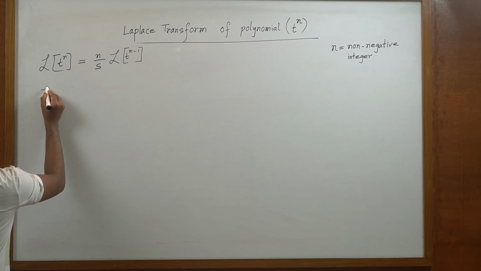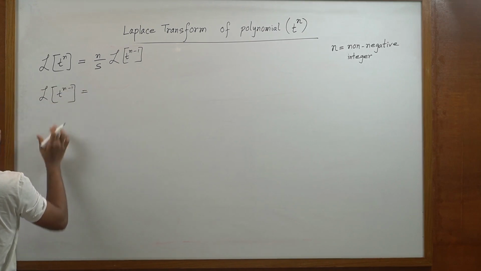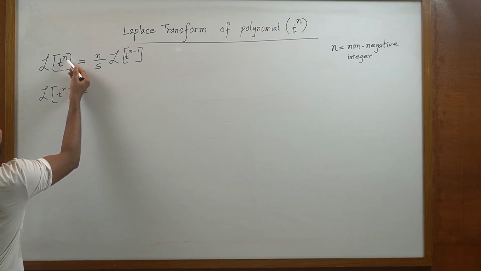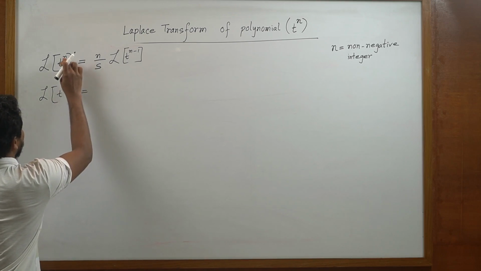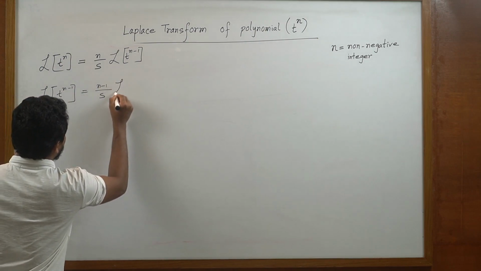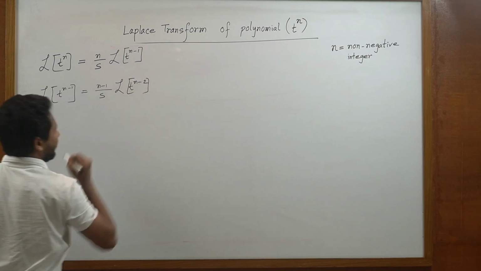Now Laplace transform of t to the power n minus 1, we can get this by replacing n as n minus 1. So Laplace transform of t to the power n minus 1 is n minus 1 by s Laplace transform of t to the power n minus 2. Okay.